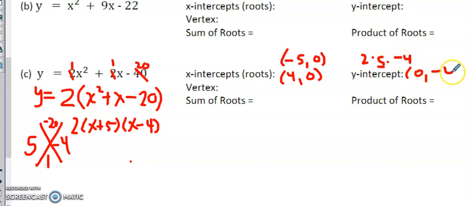So my y-intercept is negative 40. 2 times 5 is 10, 10 times negative 4 is negative 40. For my sum, I'm going to add the two together, so negative 5 plus 4 is negative 1. And if I multiply them, negative 5 times positive 4, my product is negative 20.